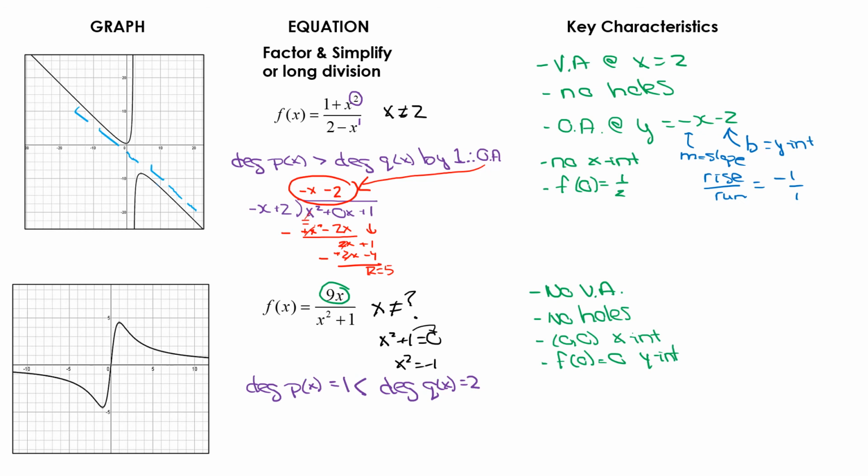That means we have a horizontal asymptote at y equals 0. This is one we're very comfortable with. If I reminded you, with your parent function, when the degree of the numerator is less than the degree of the denominator, we have a horizontal asymptote at y equals 0.